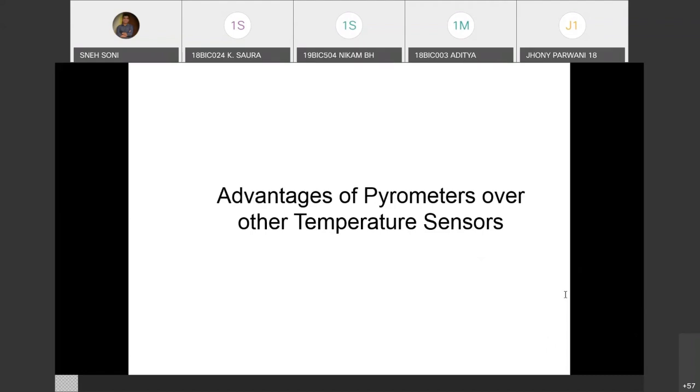But theoretically, there is no upper limit of temperature measurement.